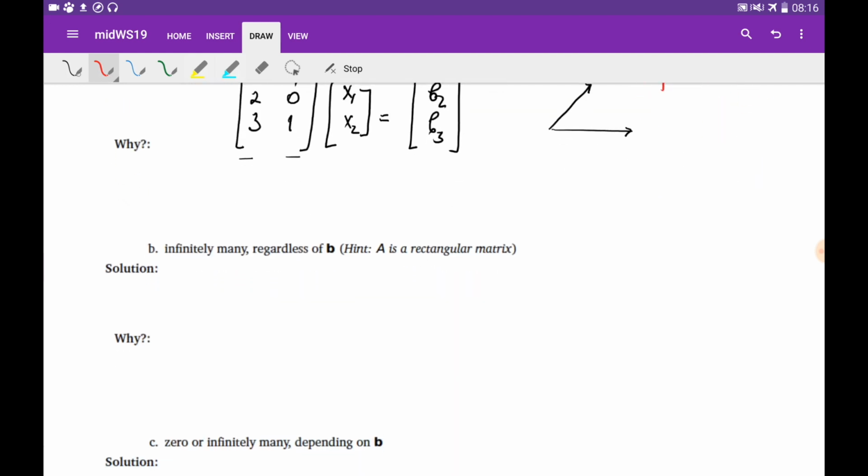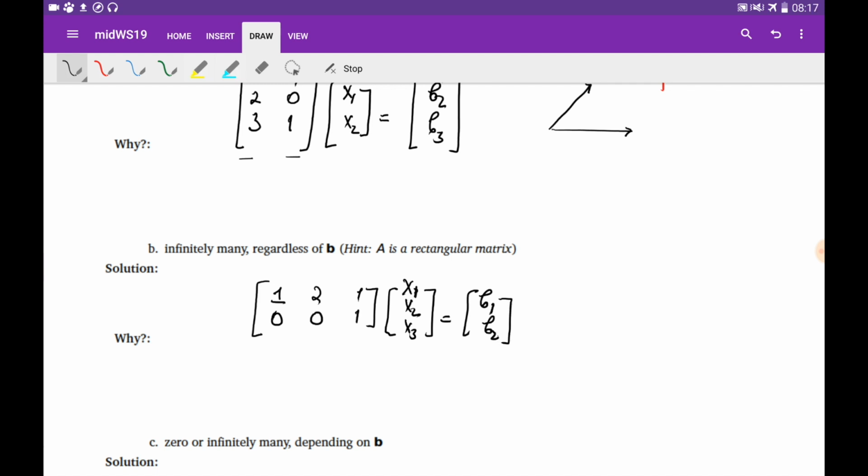So the system of linear equations can have infinitely many solutions regardless of B. So in this case, I can choose the columns like 1, 0, 2, 0, 1, and 1, for example. I need to multiply this by x1, x2, and x3, and this should be equal to b1 and b2.